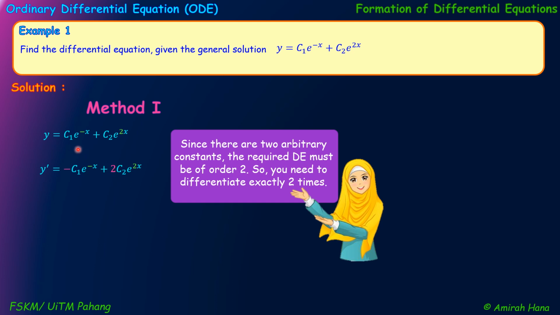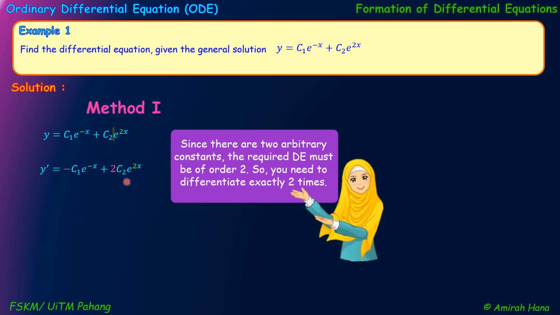When we differentiate c1 e to the power of negative x, we still have constant c1 in front. Then we differentiate e to the power of negative x, we get e to the power of negative x. After that, we differentiate the exponent, negative x, and we get negative 1. That's why we have a negative sign here. And then to differentiate c2 e to the power of 2x, we still have constant c2 in front.